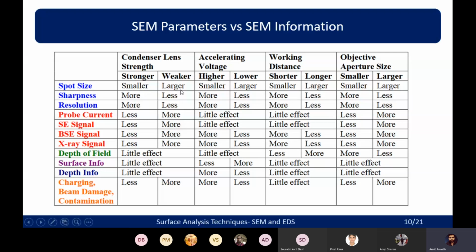So it's a complete overview. If your accelerating voltage is high, then sharpness is very good, you get a very sharp image, but there will be a loss of surface information. So you have to adjust between what you actually need and what will be the optimum parameters for your analysis.